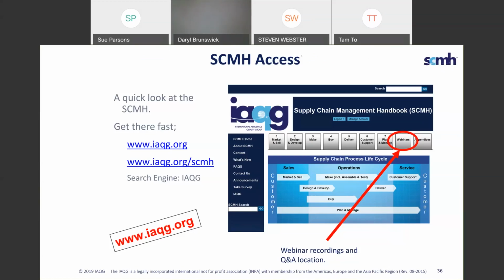The PFMEA can then be read across for the 80% of identical features, and those which are unique will need to be covered by an appendix PFMEA.